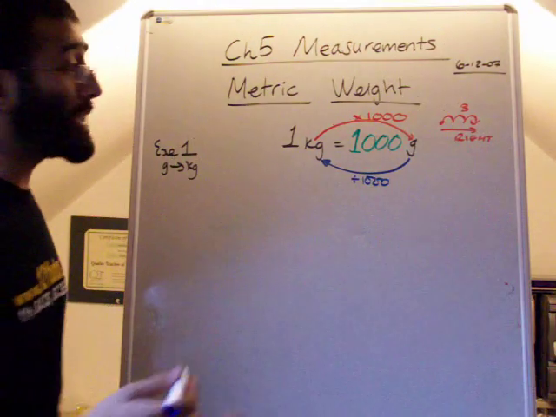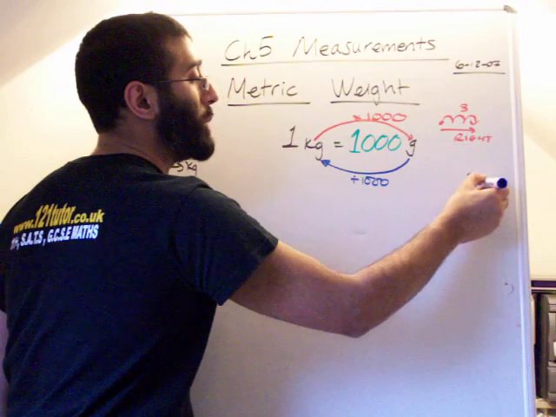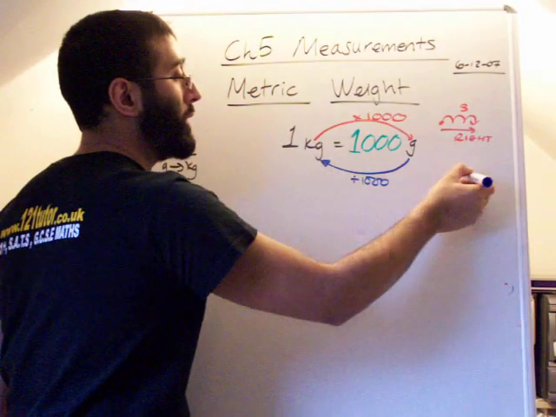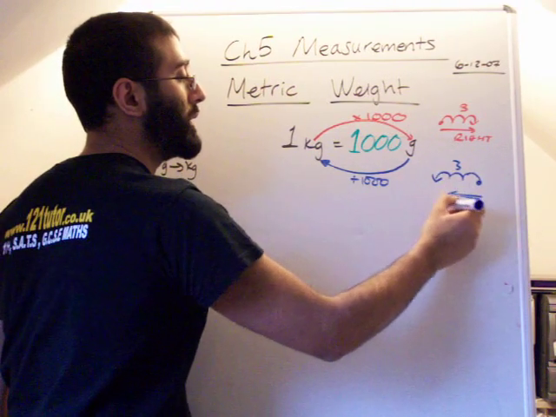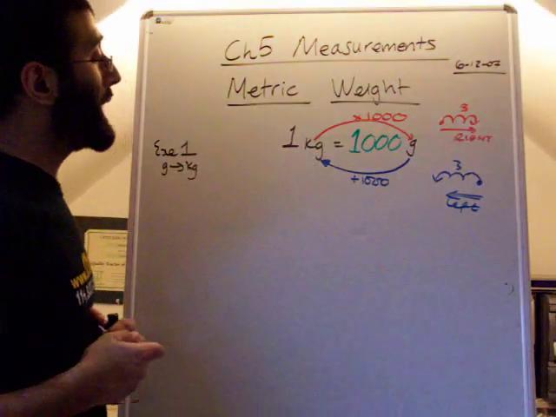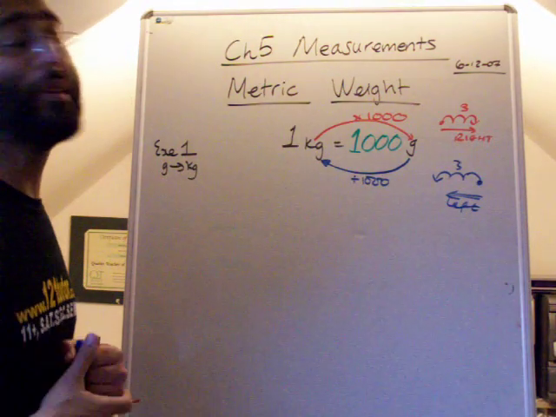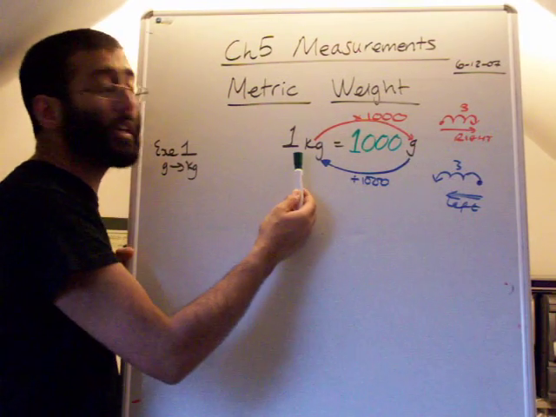And the method for that is the same as what we've done for the top in the opposite direction. We find the decimal point in the question and we go 1, 2, 3 places to the left. So we're going to be making the numbers smaller and we'll be looking at the different questions we get and how we deal with the answers. So today's lesson is going to be on how we change grams into kilograms.